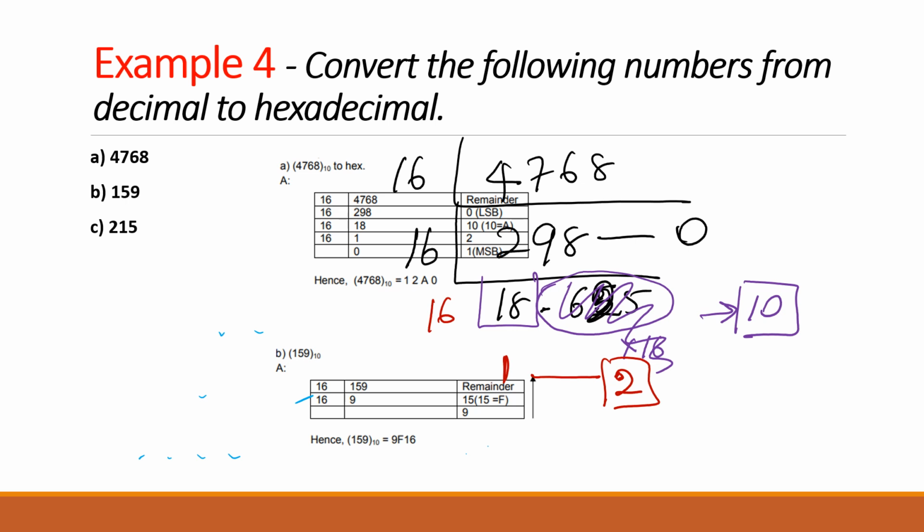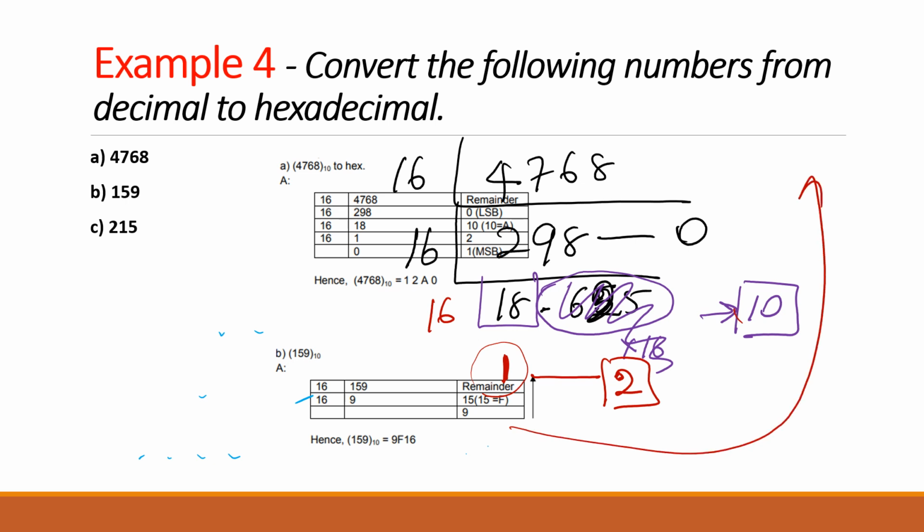So you have to do this till you get something less than 16 in this case. In the previous one you divided till you got 1 or 0, isn't it? But here you can divide it till you get something less than 16. Here you got 1, so you write it this way.